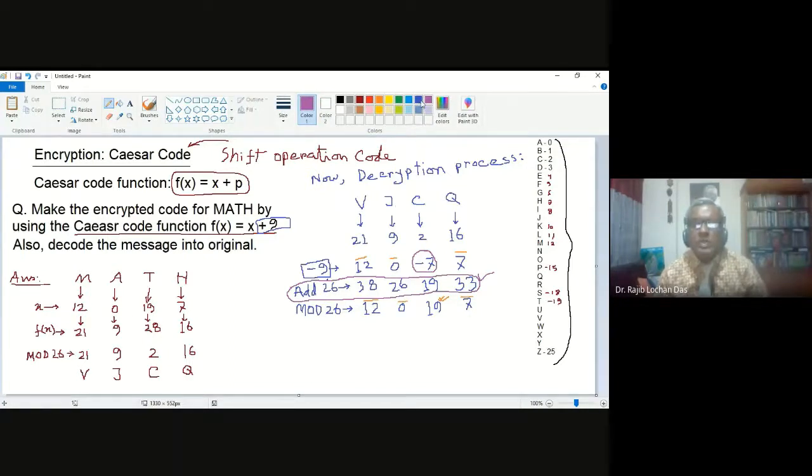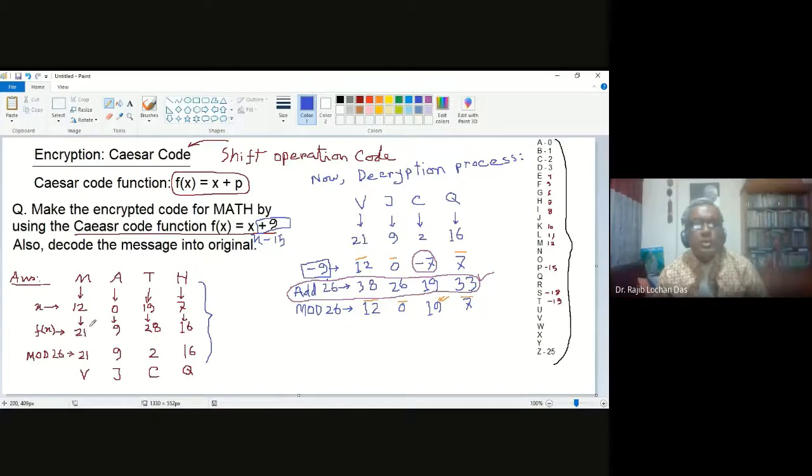Do you understand what I say? If you have a minus number, then adding 26 will be necessary. If you have all plus numbers, then it is not necessary. So this is true for this case also. If I have x minus 15, then what will happen? 12 minus 15 will be minus 3.